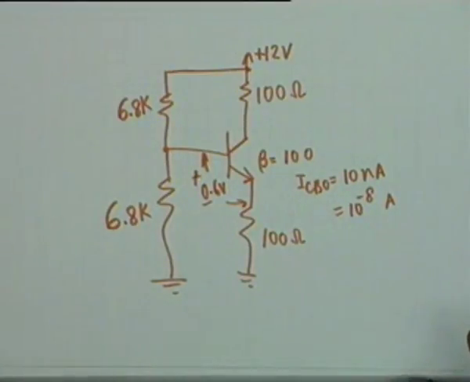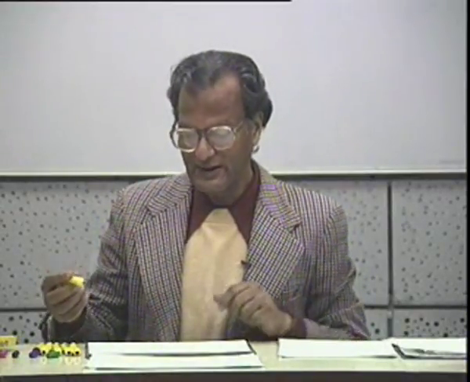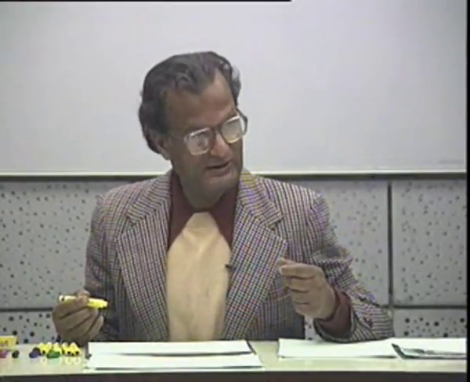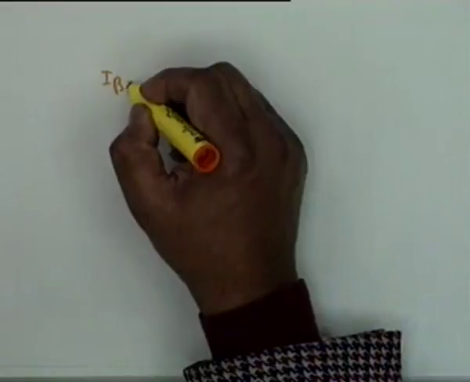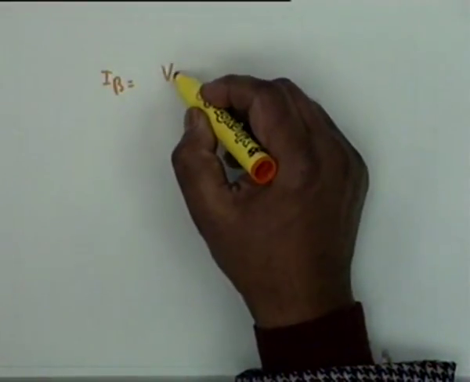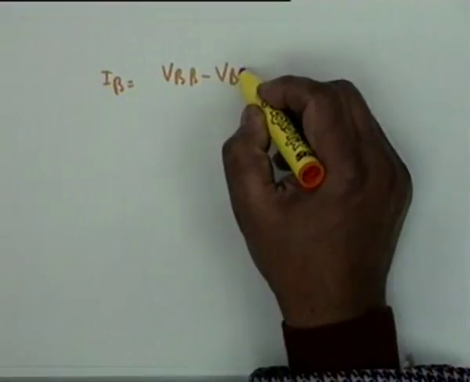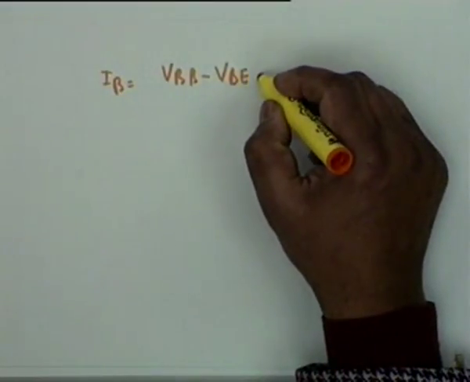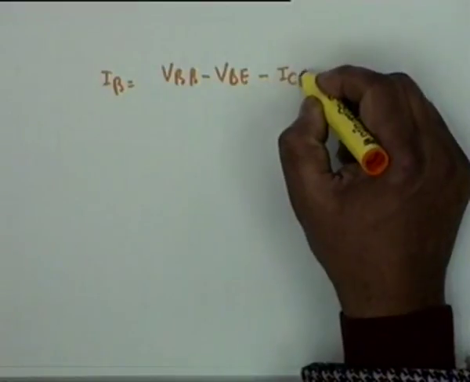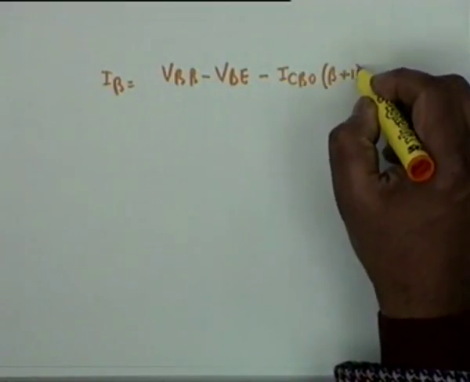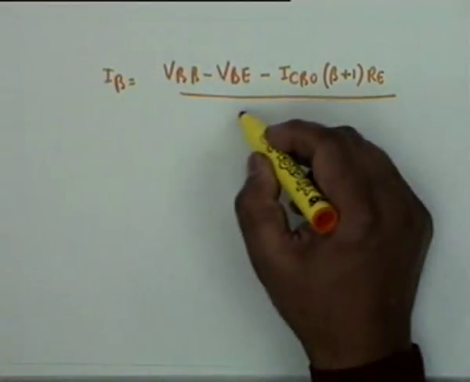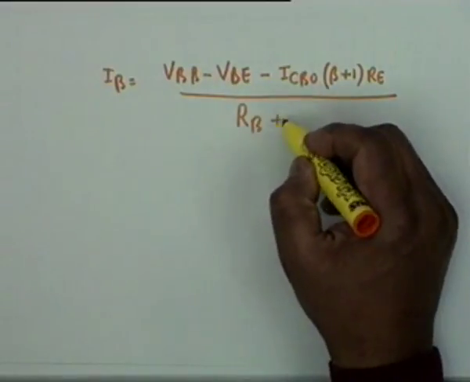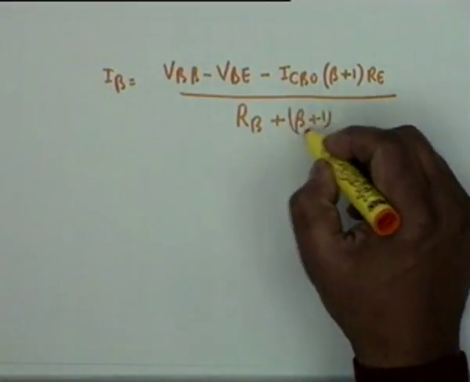We are required to find out the operating point of the transistor. Okay, the first thing one does is one uses the relation for IB, and you remember that I sub B is equal to VBB minus VBE, what else? Minus ICBO times (beta plus 1) times RE, divided by RB plus (beta plus 1) RE.